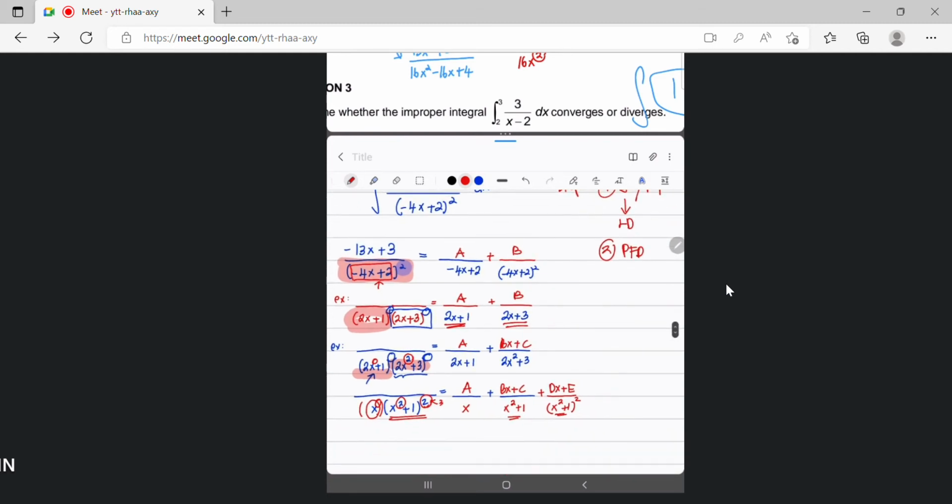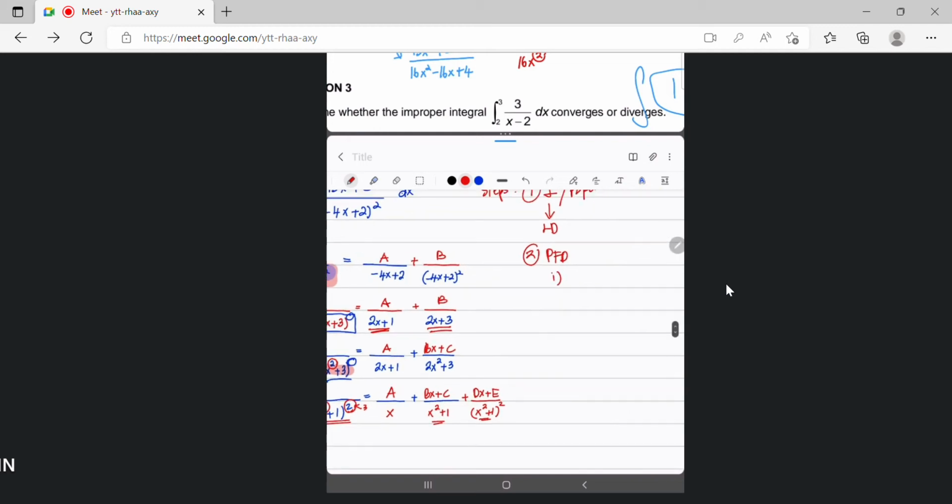Tengok kepada denominator. Okay, tiba-tiba lost pula perkataan tu. Kita tengok pada denominator, adakah dia repeated, adakah dia apa kita panggil, non-repeated. Okay, so soalan bila kita nak set up PFD, tengok berapa banyak factor. Okay, first question: how many factors yang kita ada? How many factors will determine how many fraction that we need to start.